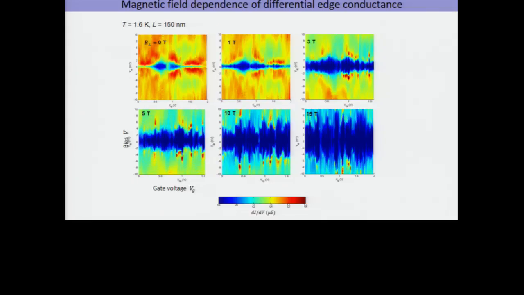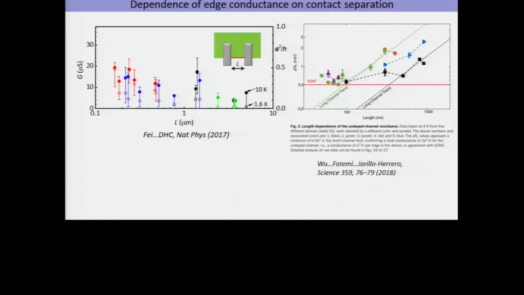This is analysis of the effects of the magnetic field on the mesoscopics and the edge conduction, which I could talk to you about if you're interested. This is statistics of our devices and Sam Fung's devices as a function of spacing of the contacts. If we had ideal contacts for a single edge, we'd expect the conductance to get up to the top of the graph, e squared over h. It only gets up to about half of that in our shortest contacts, which are about 100 nanometers across.